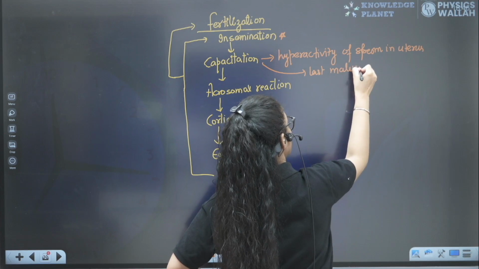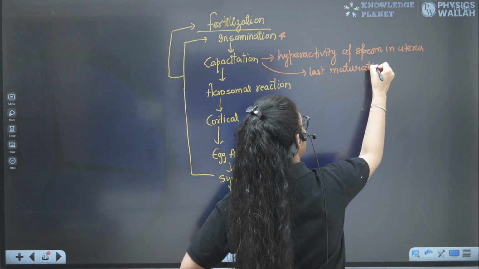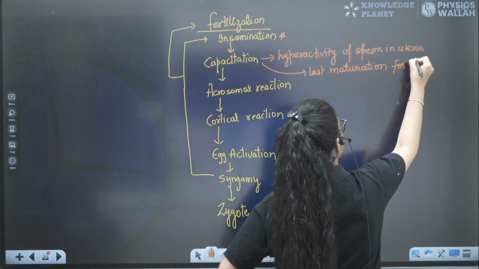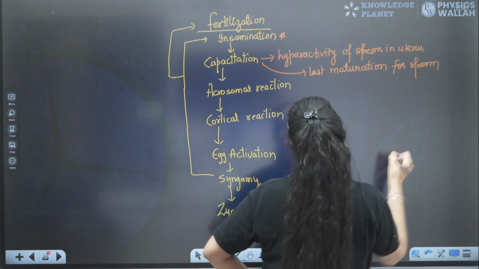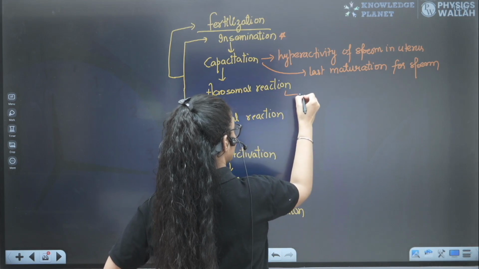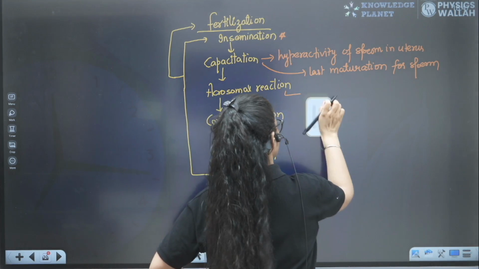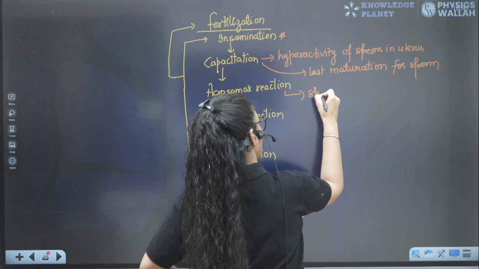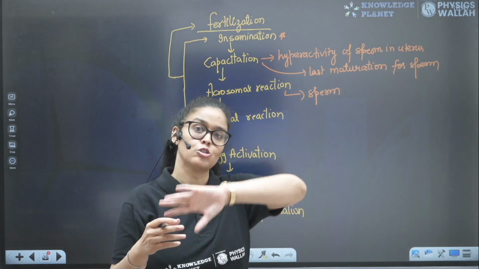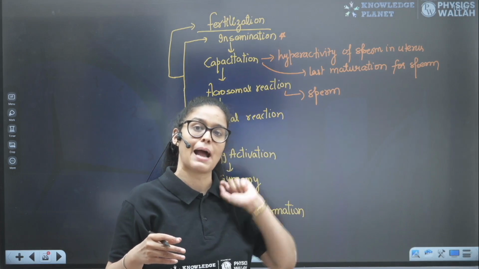Before it fertilizes the egg, it has to undergo maturation, right? So the last maturation process for this sperm is the capacitation. After that, acrosomal reaction means acrosin, or you can say sperm lysin. So sperm will move with hyperactivity to the fallopian tube in the ampulla region.